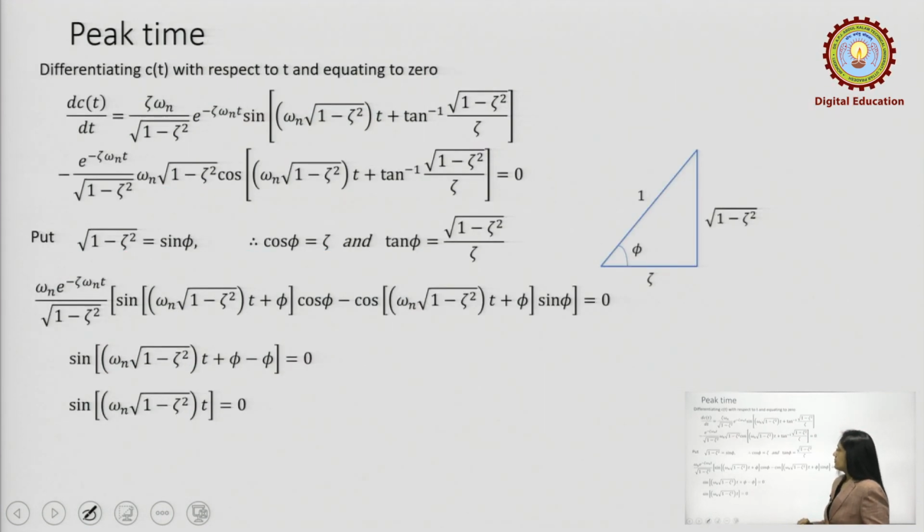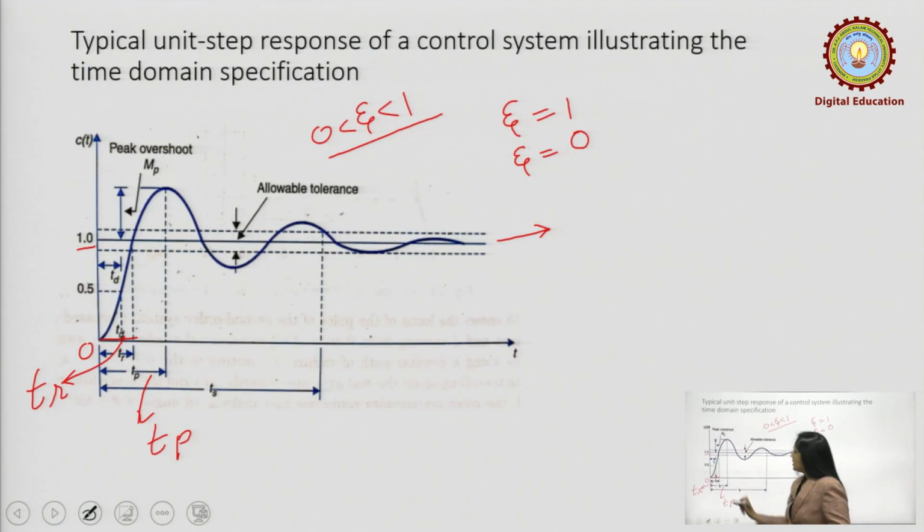What is peak time? As we can see here, peak time is when we reach the first overshoot.